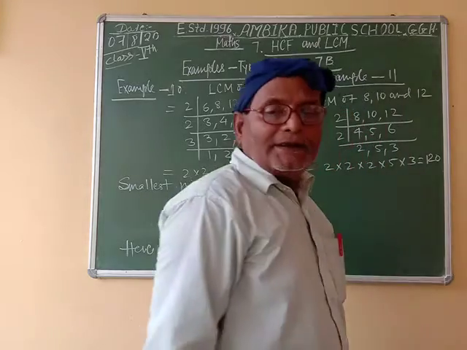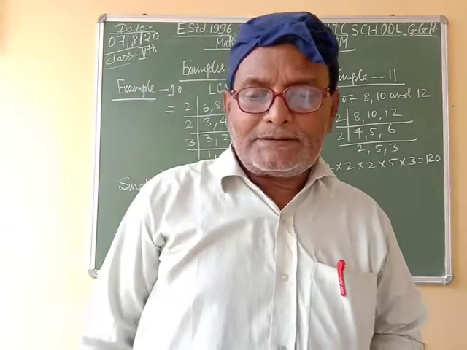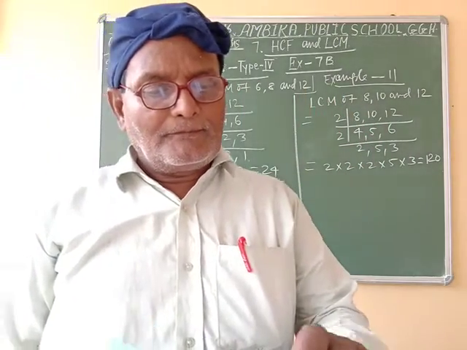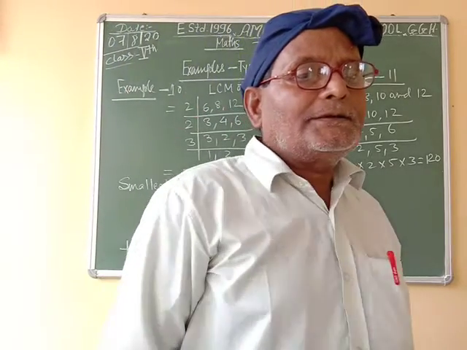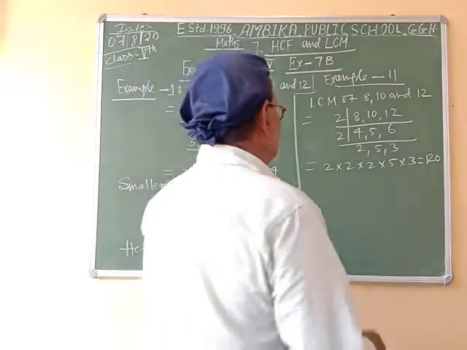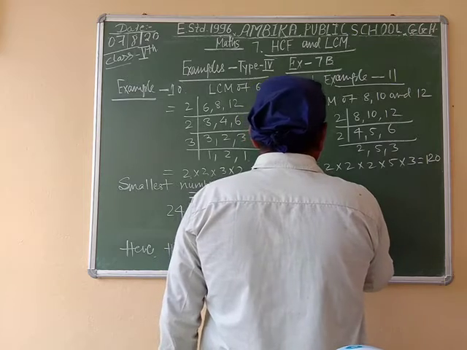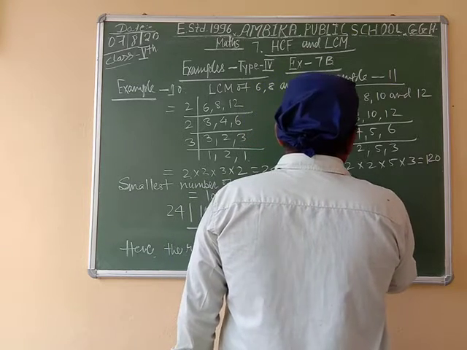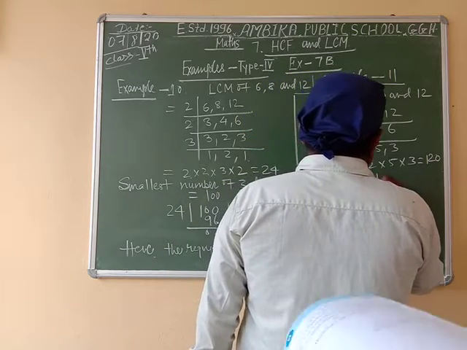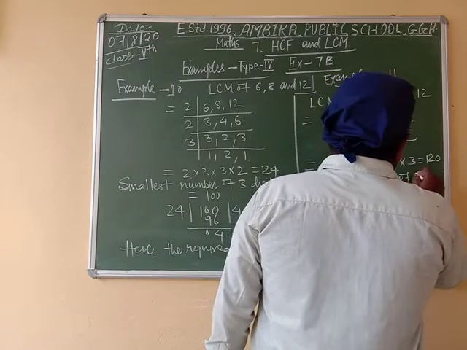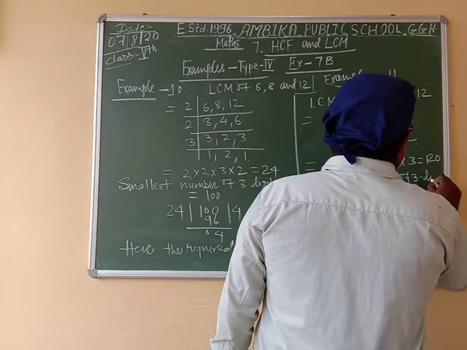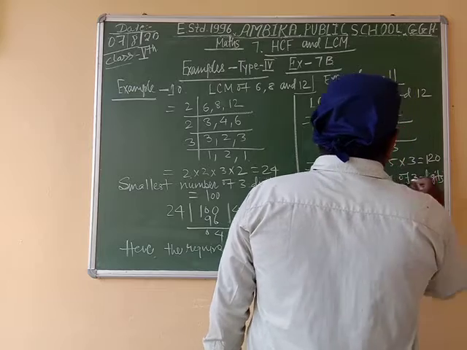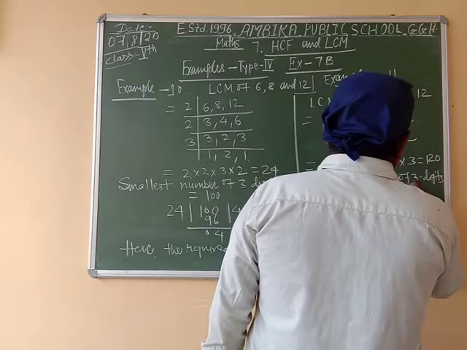Now the largest 3-digit number. The largest number of 3 digits is equal to 999.